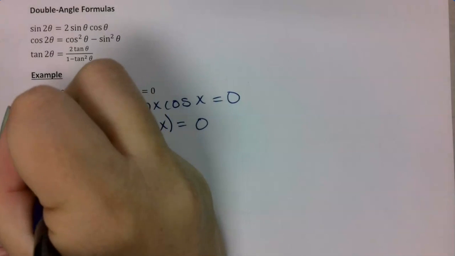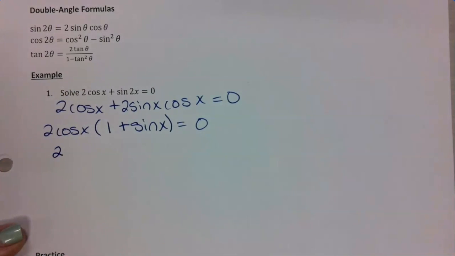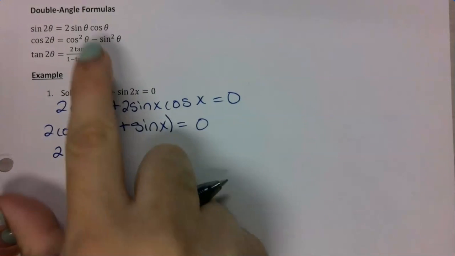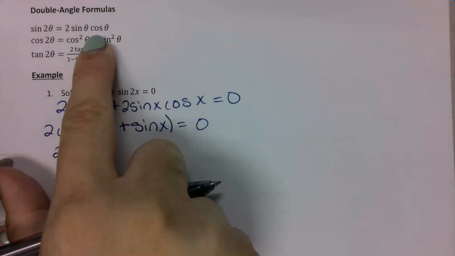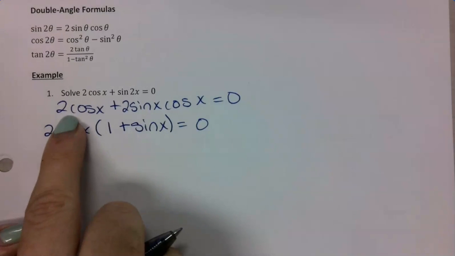Yep. What other question? This one? This came from me using the double angle formula. I factored it out. Remember, factoring is kind of like division, but not all the way.